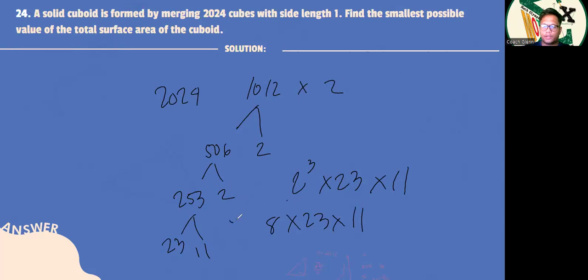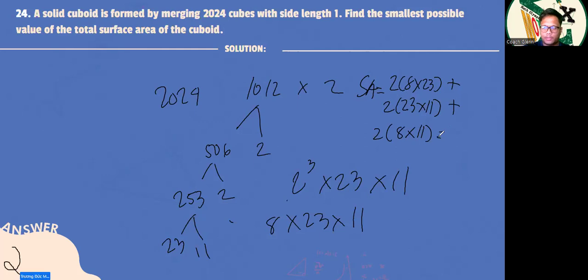So now we get the surface area. So surface area is going to be equal to 2 times 8 times 23 plus 2 times 23 times 11 plus 2 times 8 times 11. So let's start first with 8 times 23 times 2.